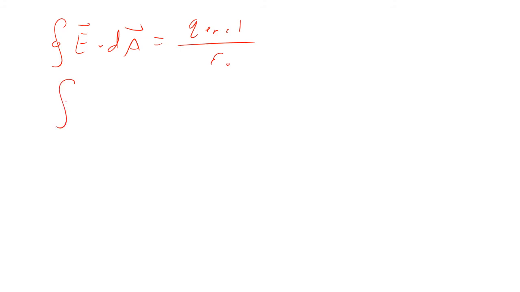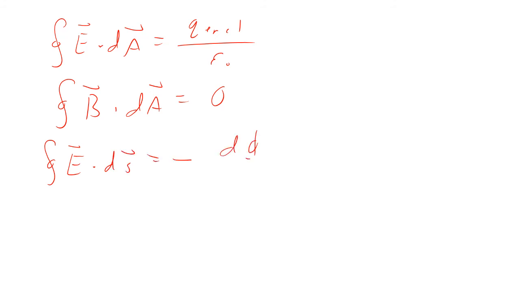We've got Gauss's law for magnetic fields. We've got Faraday's law. And we've got Ampere's law that's modified by Maxwell, so we sometimes call it the Ampere-Maxwell law.